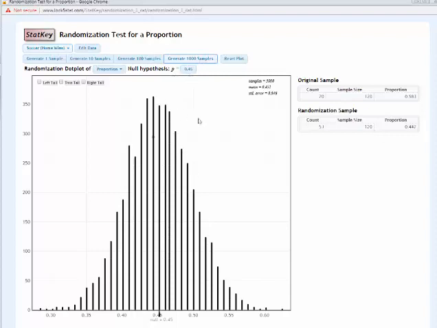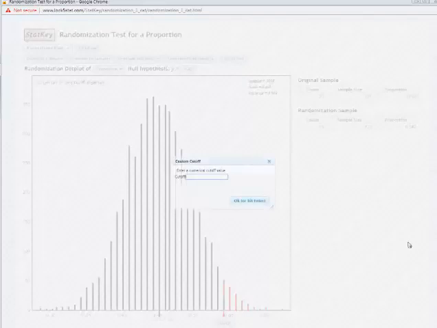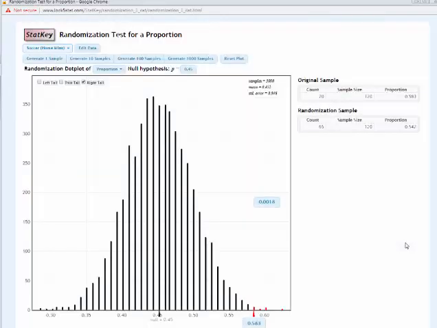This distribution's mean ends up looking almost identical to the null hypothesis mean. And then what we can do is look at our sample proportion. What does 0.583 look like? Well, that's way out here.